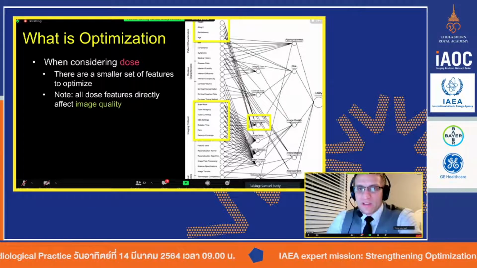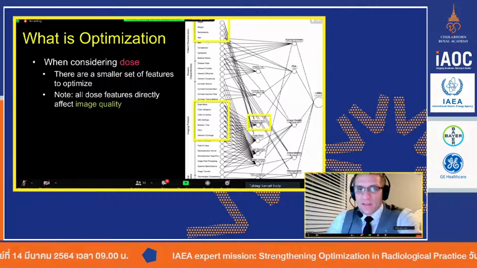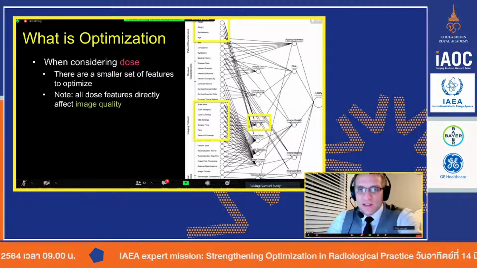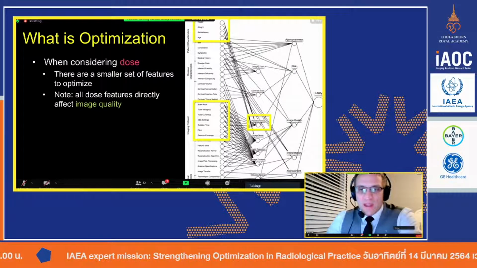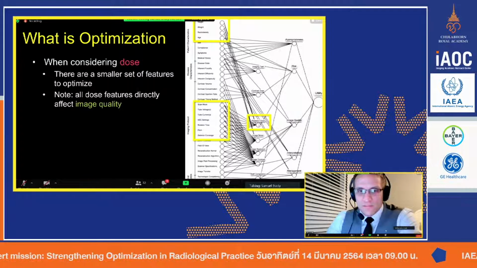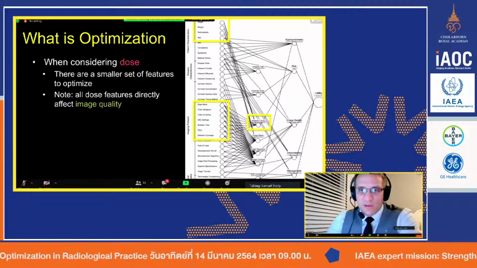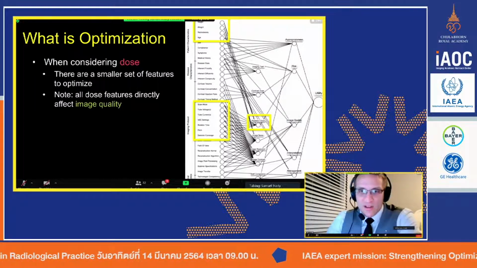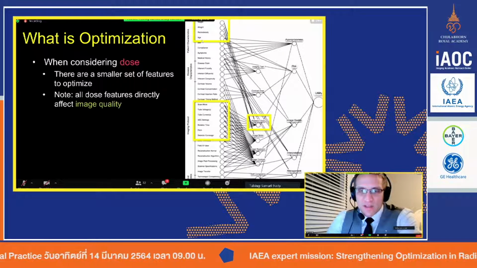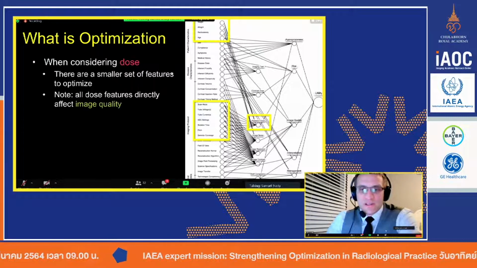And so when we deal with risk, we also have to take into account some of the other factors like patient age, sex, etc. And so radiation dose initially is directly connected to these things, and obviously the patient parameters. You can see these lines right here as they go up to height, weight. Obviously the patient size will affect the radiation dose.